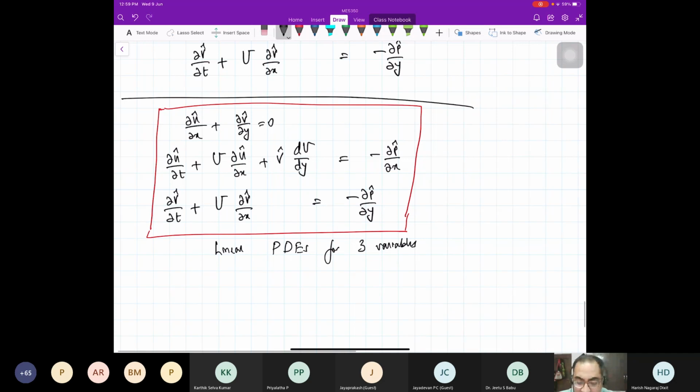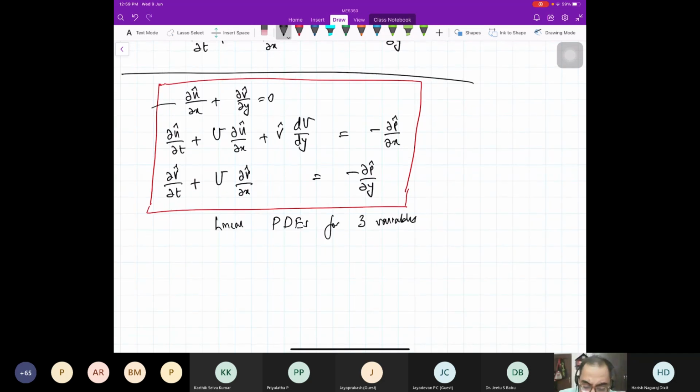Now notice that this equation, for those who are not from a fluid mechanics background, there's a very simple trick. Whenever you have an equation like this, ∂u/∂x plus ∂v/∂y, you can cancel this equation by defining one single variable.